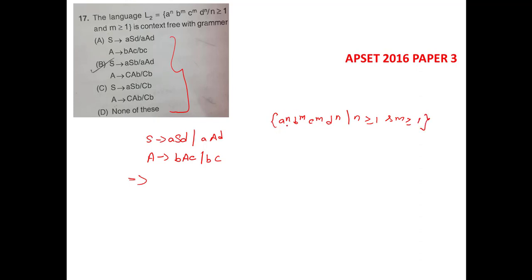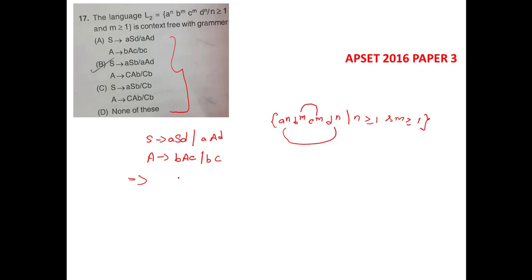So see here, a to the power of n, d to the power of n means the number of A's is equal to the number of D's. And b to the power of m, c to the power of m means the number of B's is equal to the number of C's. Now check whether the option A grammar is suitable for this language or not.